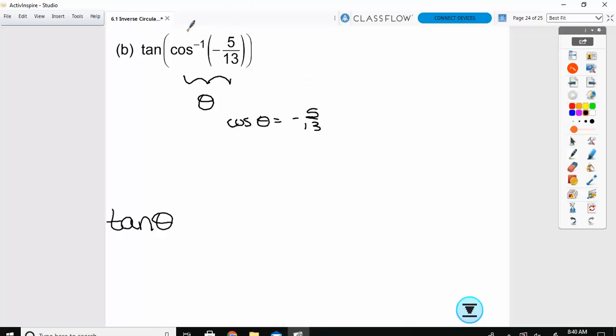Cosine inverse can be in which quadrants? But if it's a negative, we're in quadrant 2. So that's where we set up our triangle. Cosine is adjacent over hypotenuse. We know the hypotenuse is always positive.